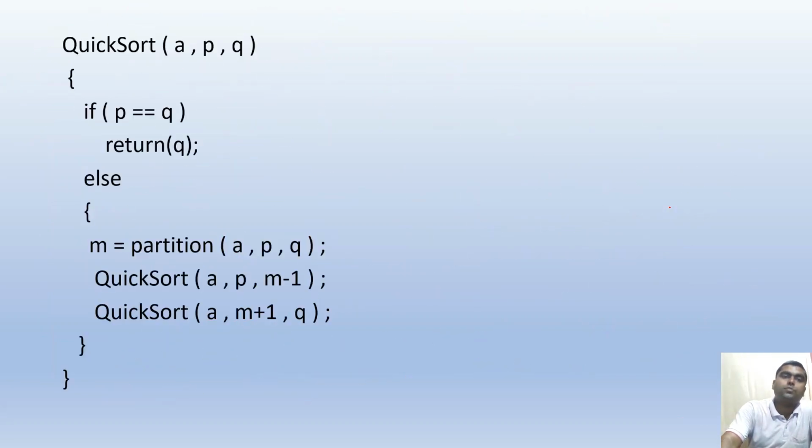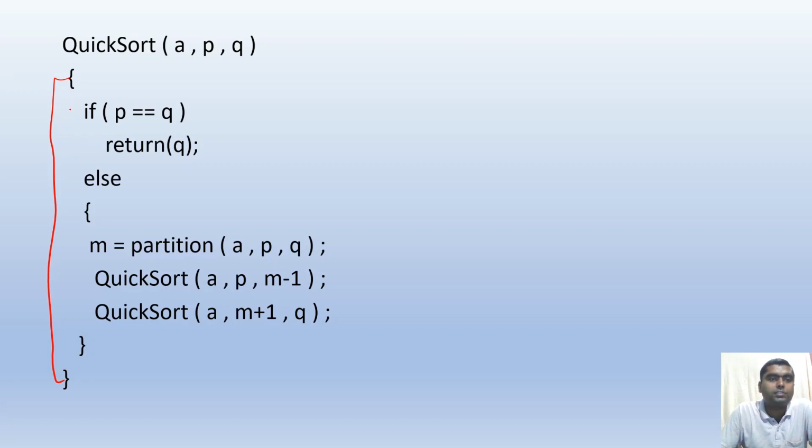Now come to the actual quicksort algorithm. This is the initial condition or termination condition. A is the array, P is your start index, and Q is your last index.